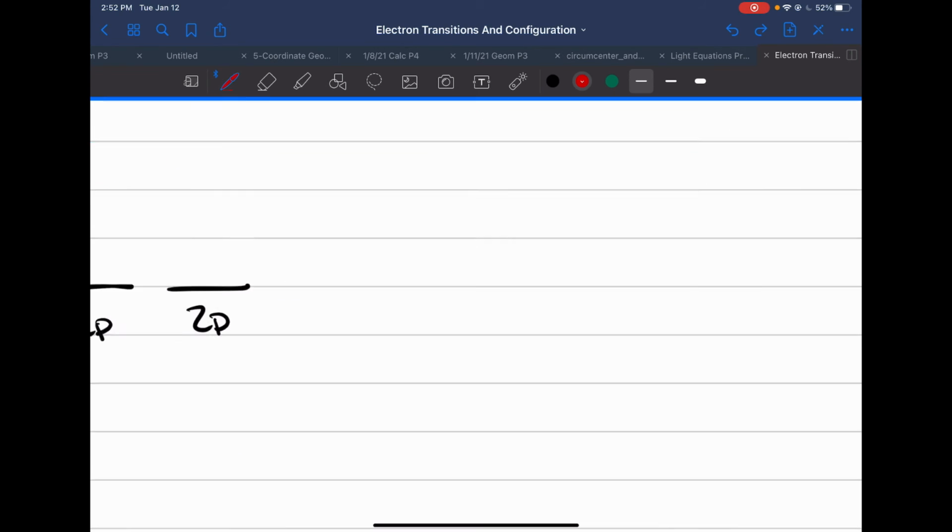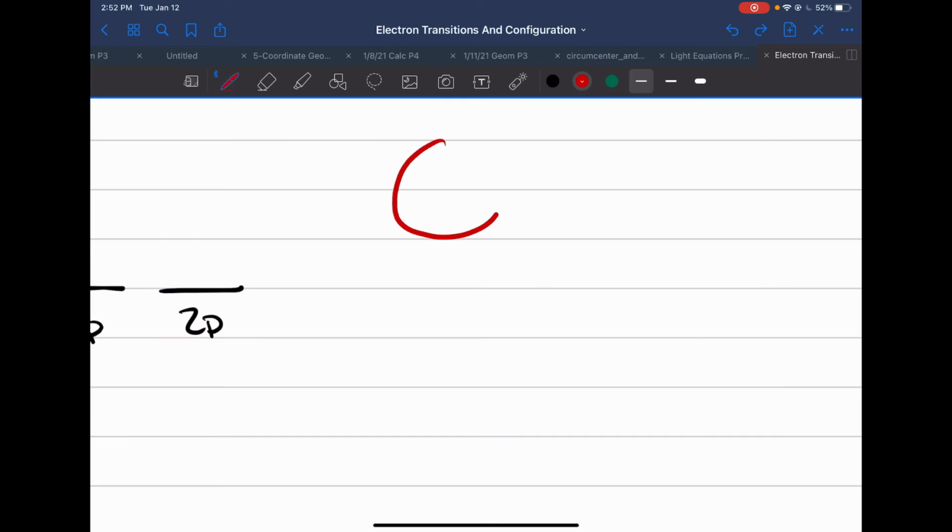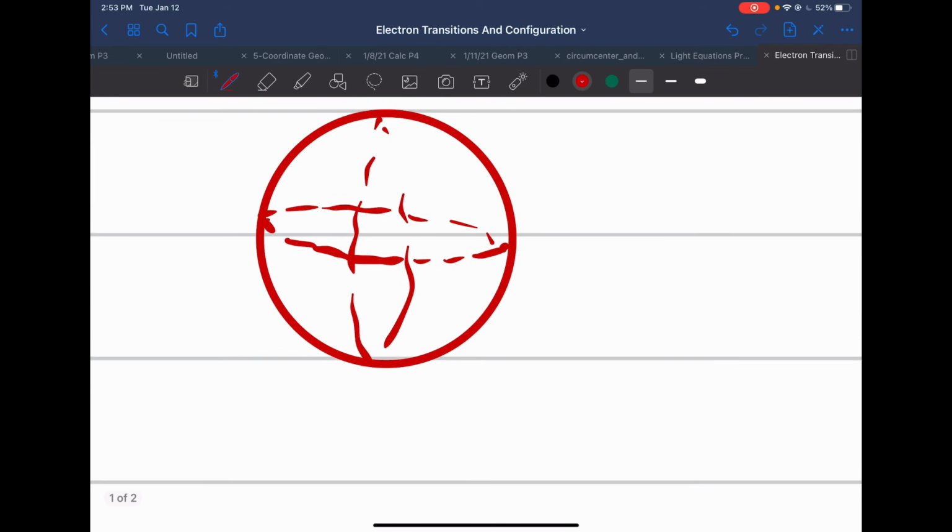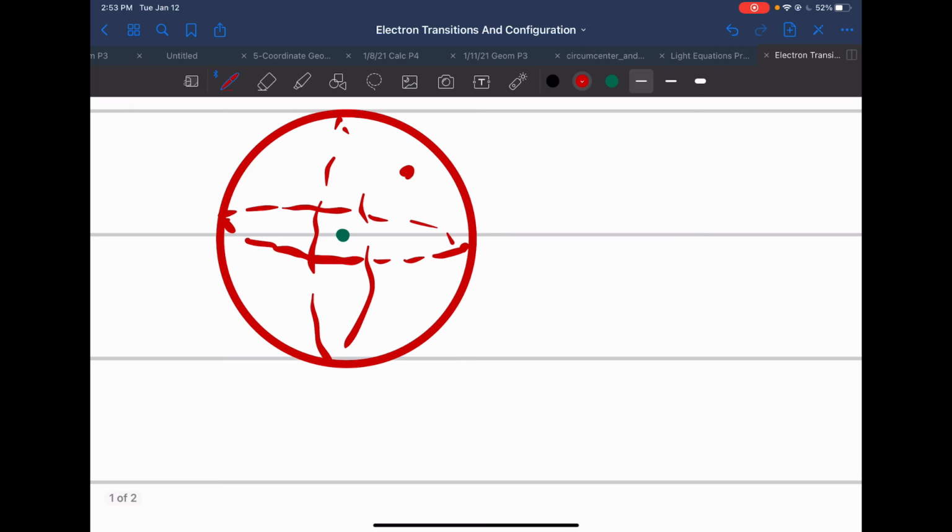S orbitals are spherical, meaning that if you zoomed into the center, the nucleus would be right in the center, and the 2 electrons, if there are 2, would be occupying it at some point in the sphere with a 95% certainty.